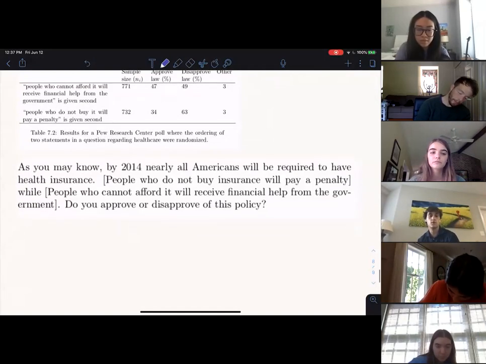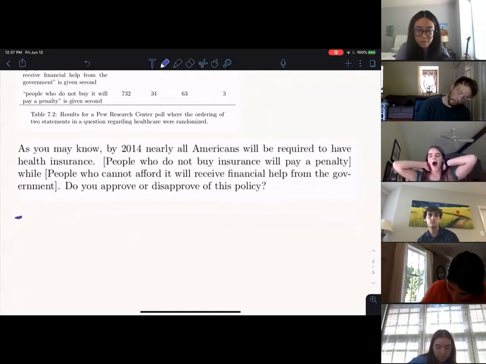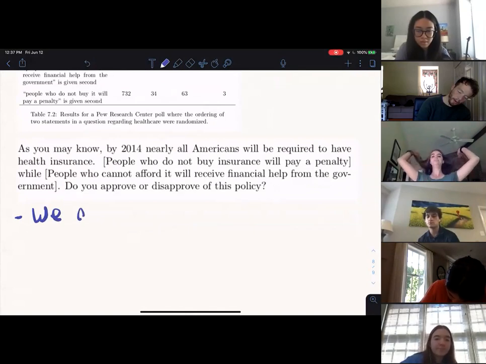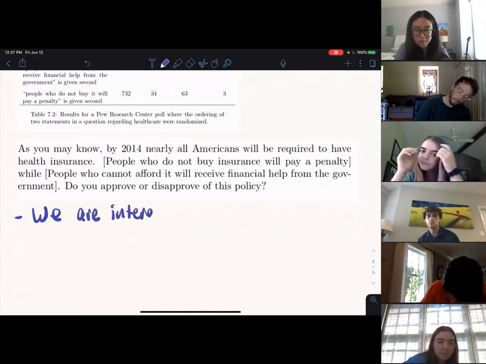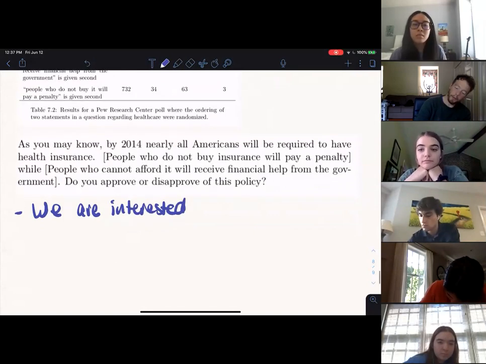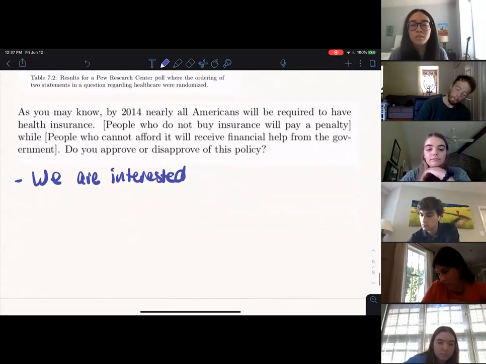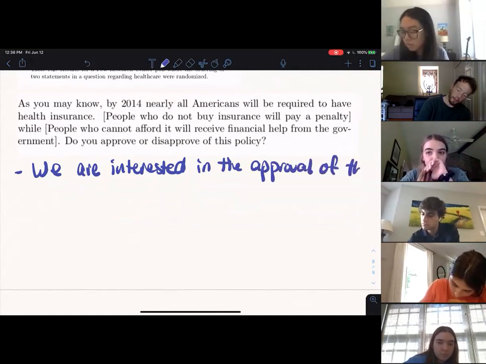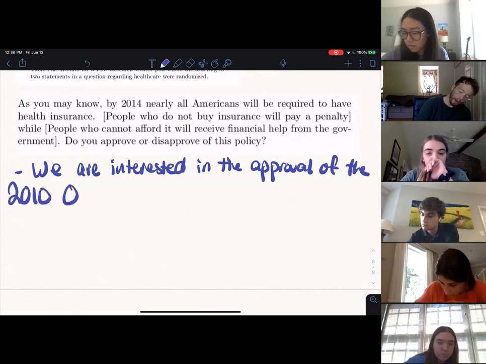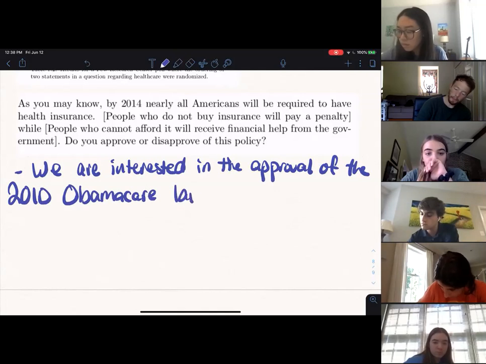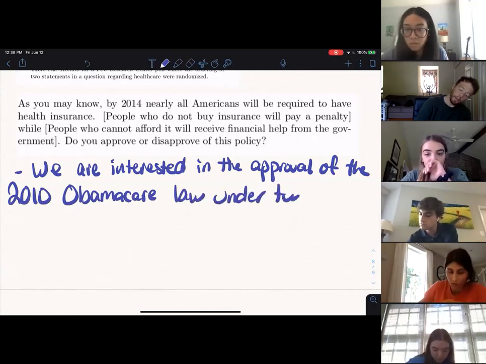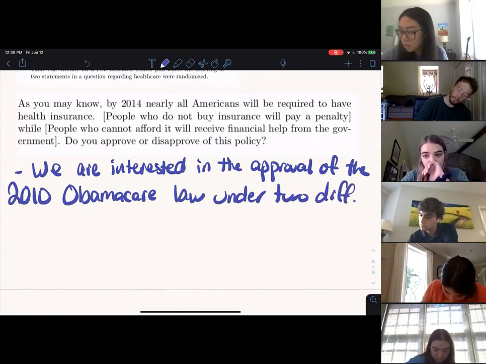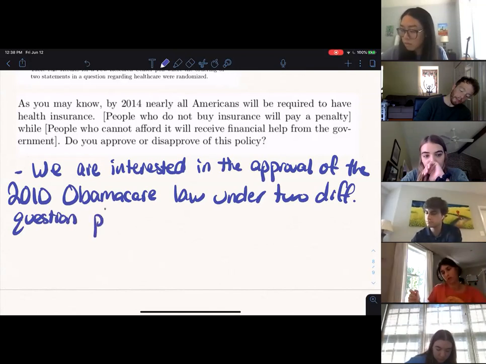Let me first intro it, and then I'm gonna talk about what this data is actually saying. I think this is a really cool example. We are interested in the approval of the 2010 Obamacare law under two different question phrasings.